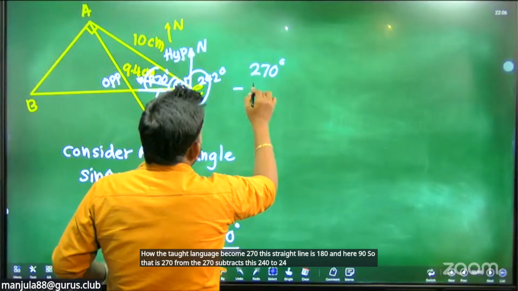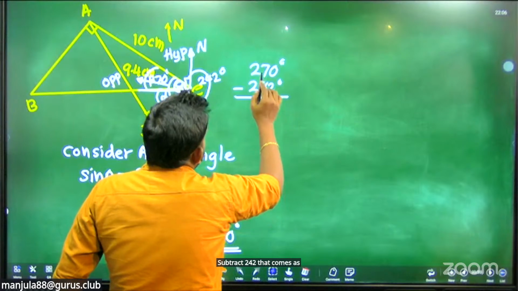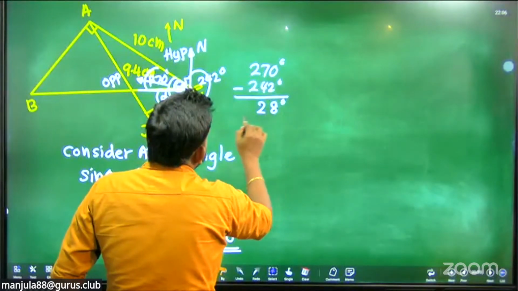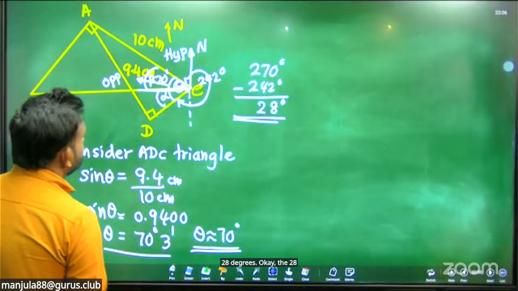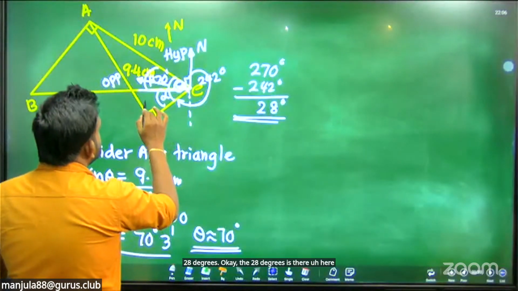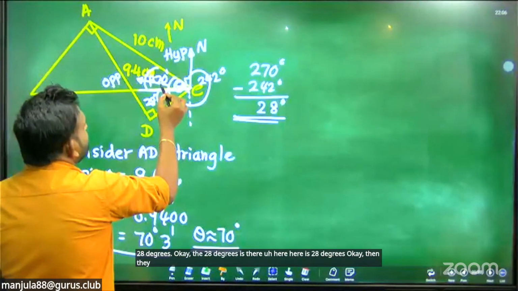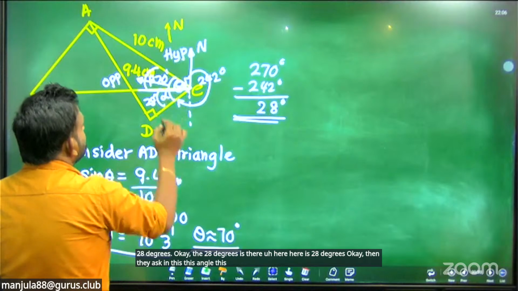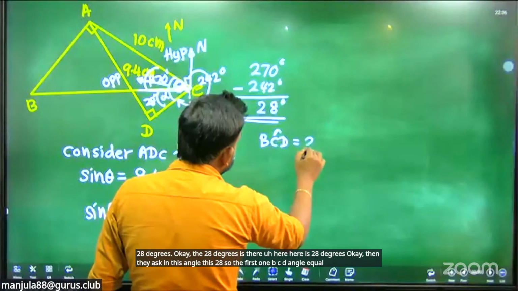Okay. Subtract 242. That comes as 28 degrees. Here is 28 degrees. Then they're asking this angle, this 28. So the first one, BCD angle equals 28 degrees.